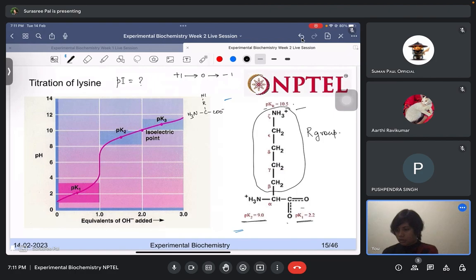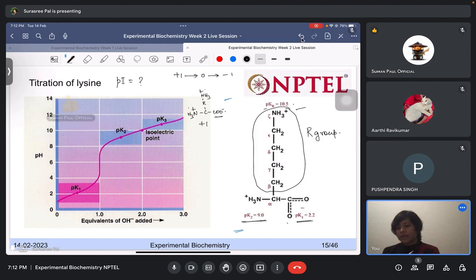Okay, so this is the R group, this is the alpha amino group, this is the alpha carboxyl group. So when the pH is greater than 2.2, the alpha carboxyl group is going to lose its proton. So now the net charge on this molecule is +1 +1 -1, right? So +2 -1, which is +1. So the net charge on this particular molecule is +1.